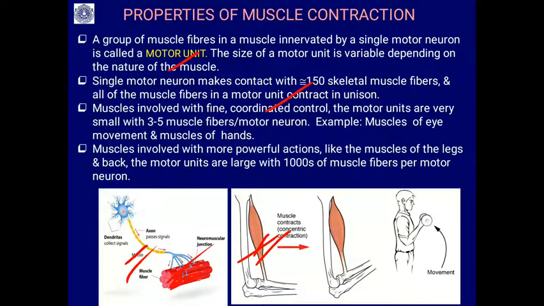Muscles involved in fine coordinated control or controlled contraction, for example the movement of the eyeball, then the movement of your fingers.